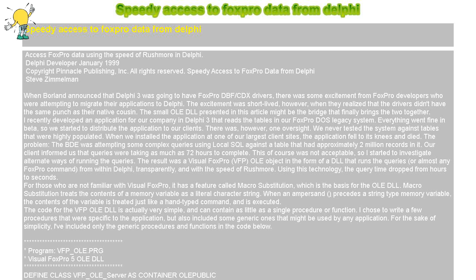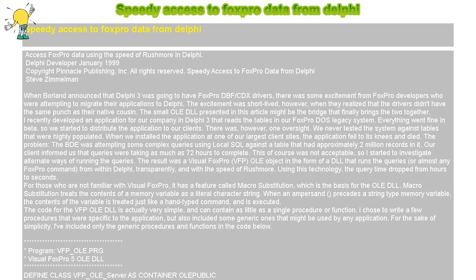For those who are not familiar with Visual FoxPro, it has a feature called macro substitution, which is the basis for the OLE DLL. Macro substitution treats the contents of a memory variable as a literal character string.